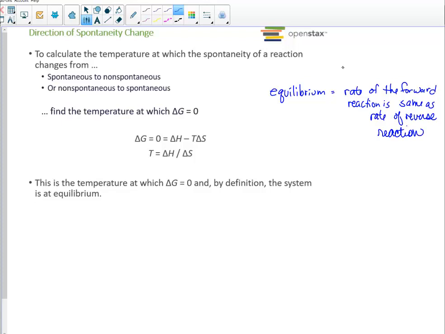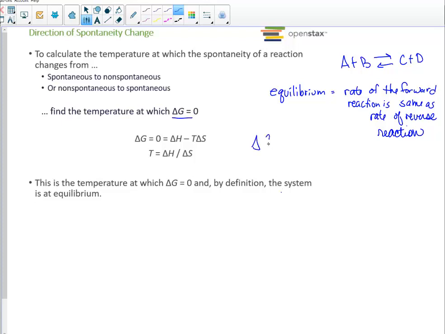If A and B are in dynamic equilibrium with C and D, we have a forward direction and a reverse direction occurring at the same rate. That is the definition of equilibrium, and therefore delta G is assigned 0.